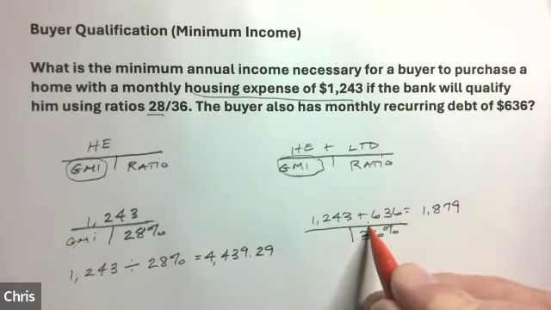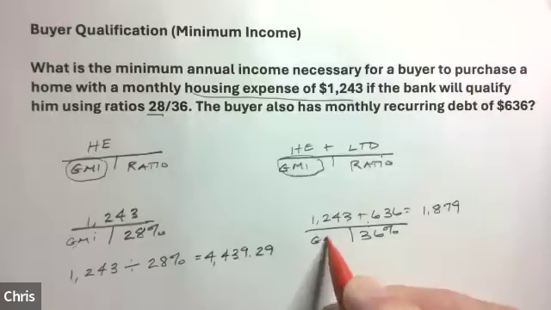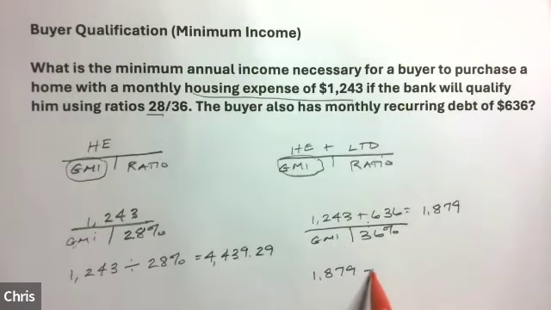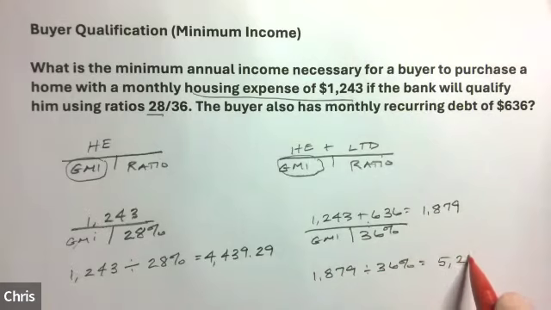We're going to divide that by the 36%, and that'll give us the GMI. So 1879 divided by 36%. $5,219 and some change. It's like 44.